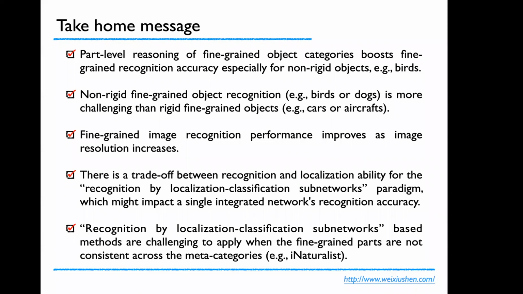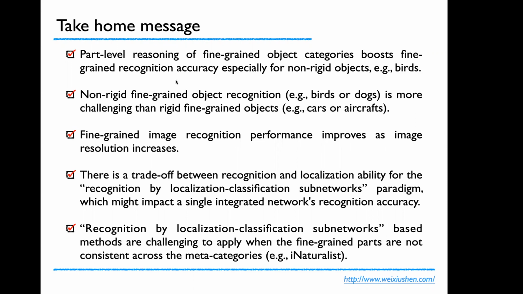Furthermore, modeling the internal semantic interactions among the discriminative parts can also increase the accuracy of fine-grained recognition. So these types of research have attracted increased attention in recent years.